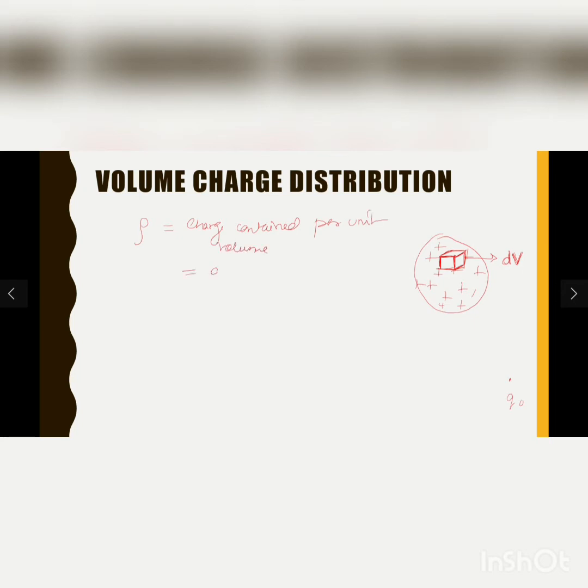So that would be dq by dV. Now, knowing the value of volume charge density and the small volume dV, I can find out the amount of charge in that particular volume of the object.